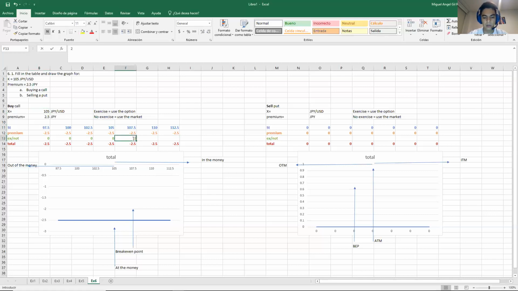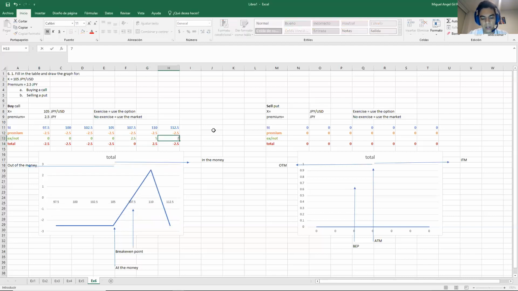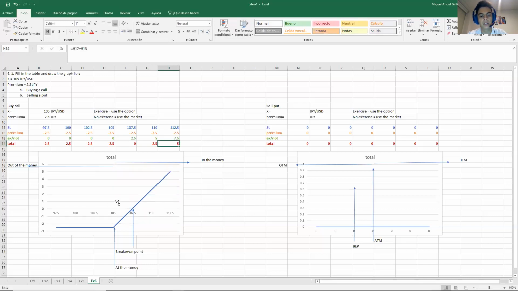So that difference, 2.5, will be positive. And at 110, it's the same thing. I do exercise and the difference 5 is positive. And at 112, the difference 7.5 is positive. And then there I have my graph. I was careful before to check if it will work.